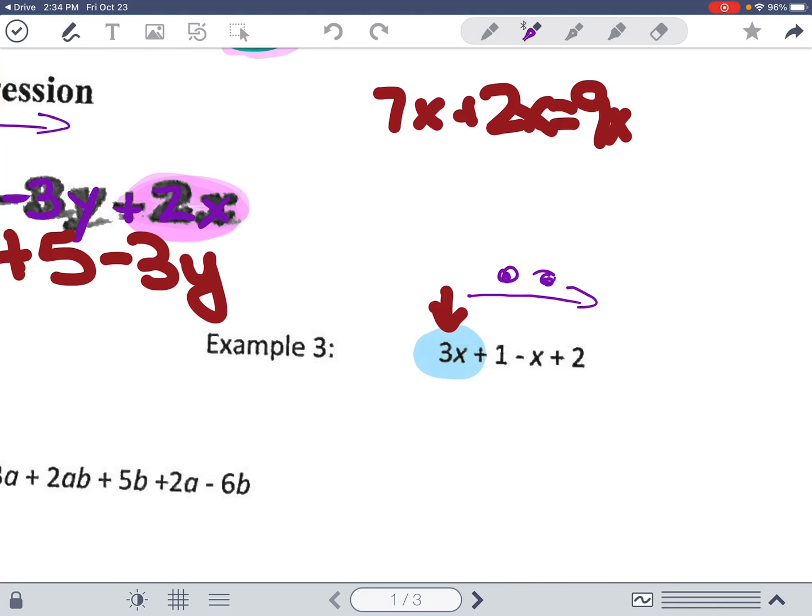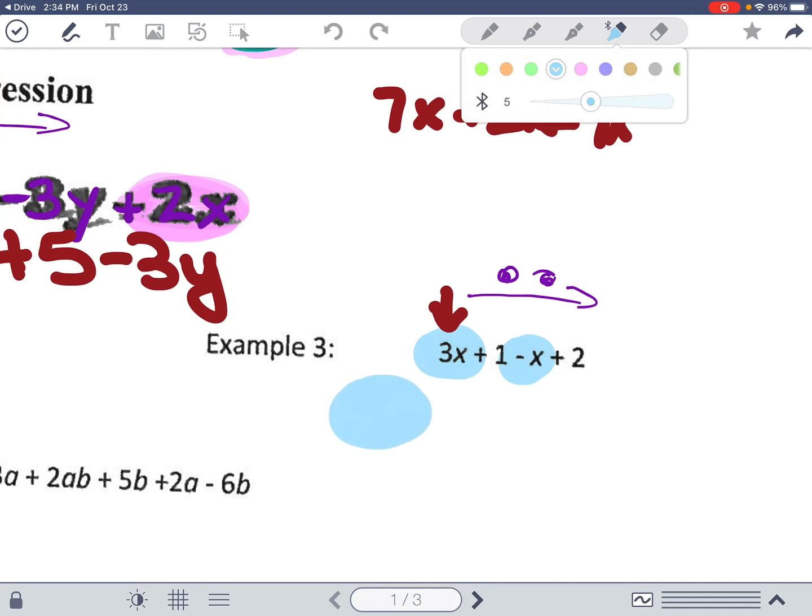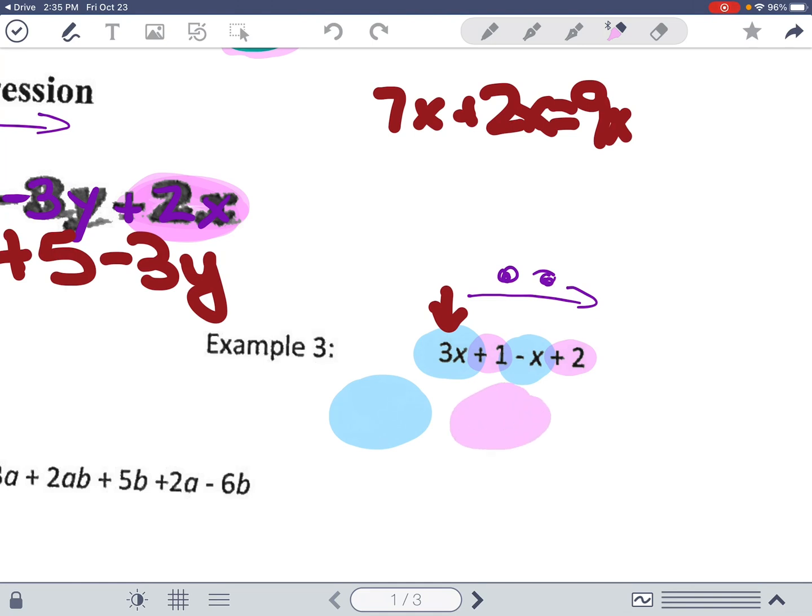I have a minus x. So I'm going to color that one blue, and plus 2. All right, so I'm going to put my items in blue together. And then I notice as I'm going across that I have plus 1 and plus 2. Now those are just integers, and I'm going to put my pink items together.